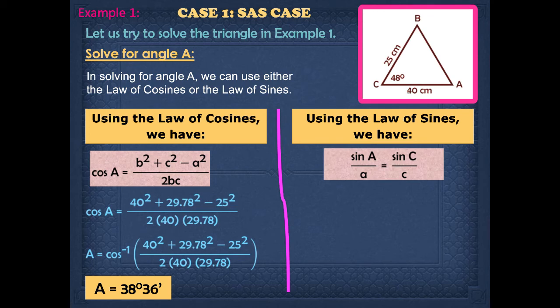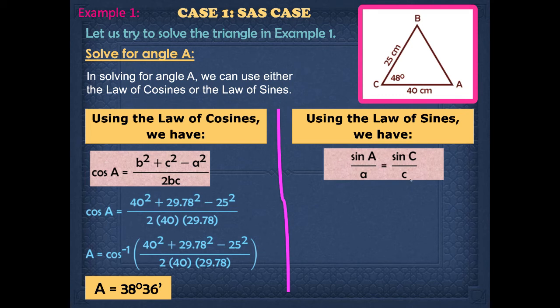Because here, two sides are given and an angle opposite one of the sides. So we now have the measure of angle A here on the left side. So let's see if we will arrive at the same value for angle A if we use the law of sines.